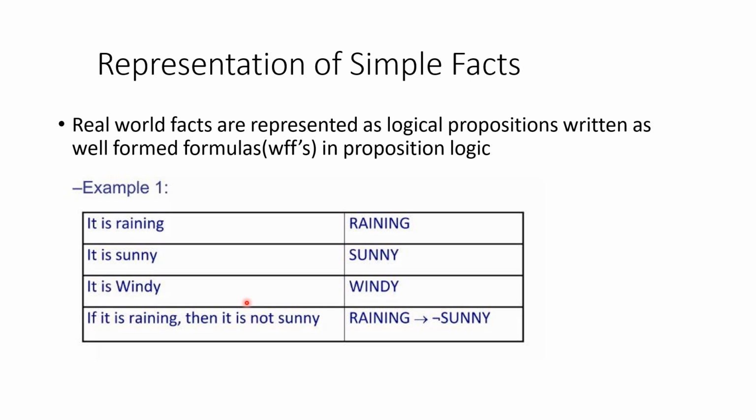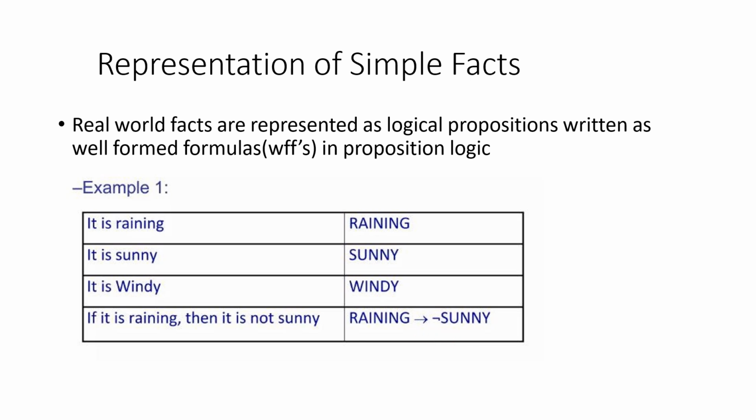Next you can see, if it is raining then it is not sunny. So now we are connecting two facts here. You can see raining implies not sunny. This arrow indicates if-then. So here, if it is raining then it is not sunny.